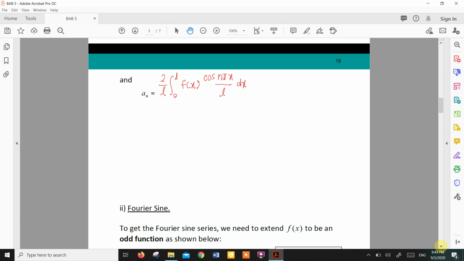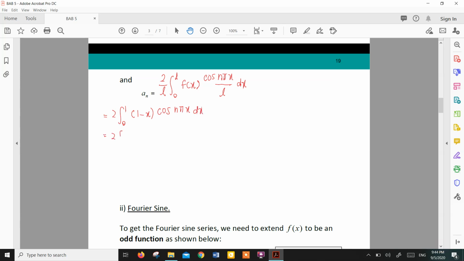Okay, so your L is equal to 1. L is equal to 1, so you only have 2, from 0 to 1, f(x) is 1 minus x, then you have cos(n pi x over L). L is 1. Okay, dx.